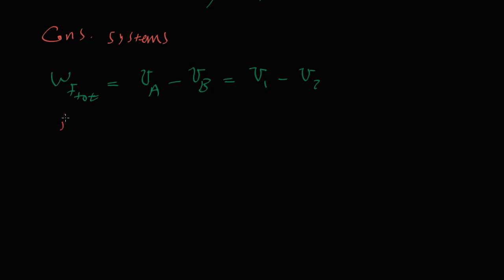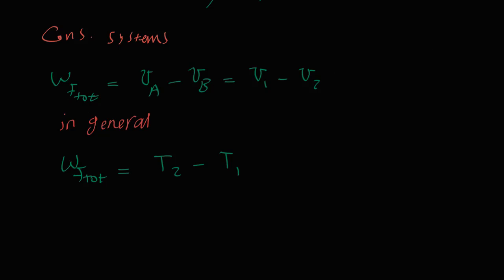In general, we have W_F total is equal to T2 minus T1. Now, if the system is conservative, I can just substitute this T2 minus T1 here.